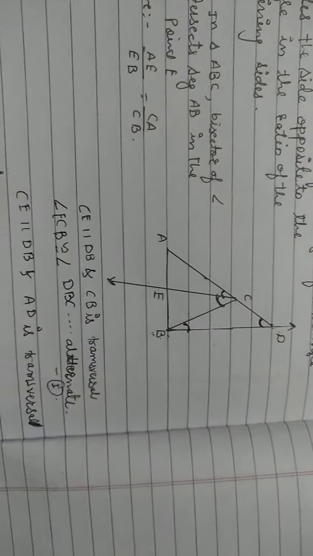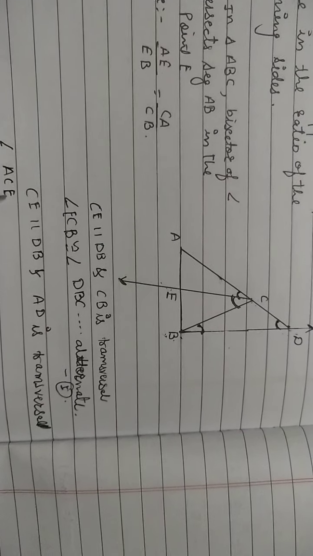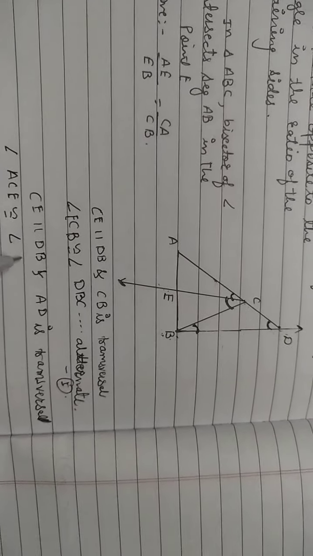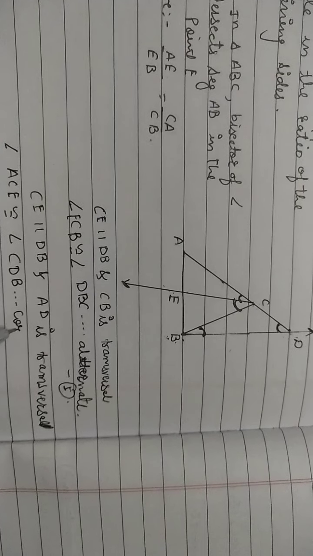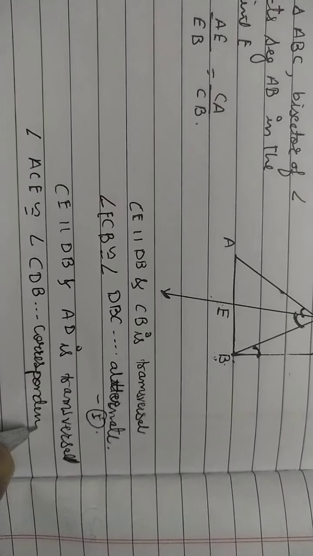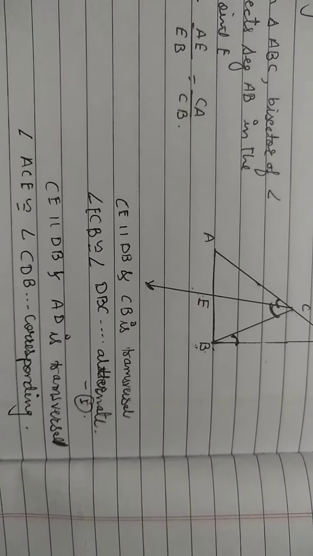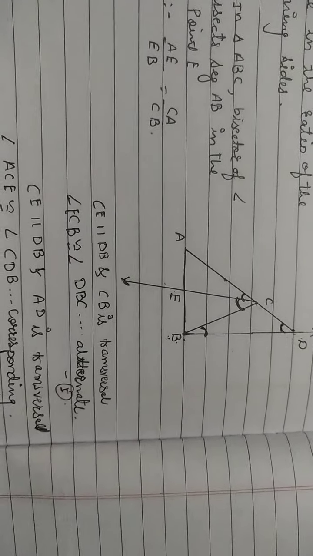Reason: corresponding angles. So I can write here, angle ACE is congruent to angle CDB. Reason: corresponding angles.